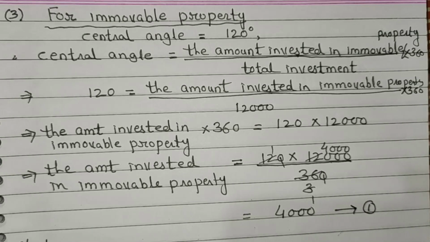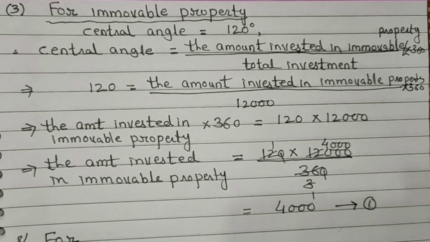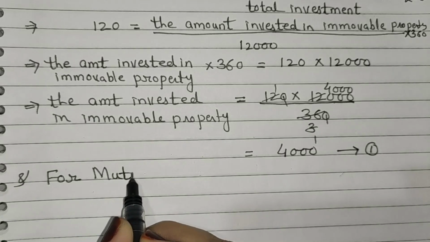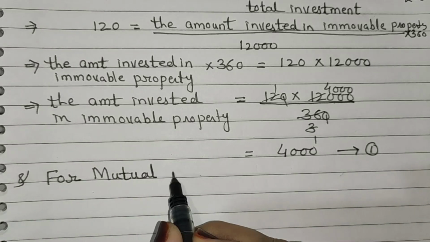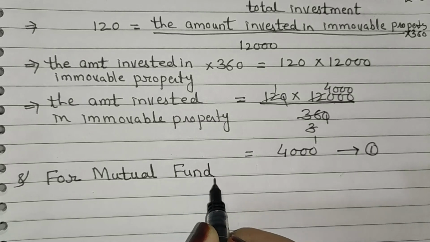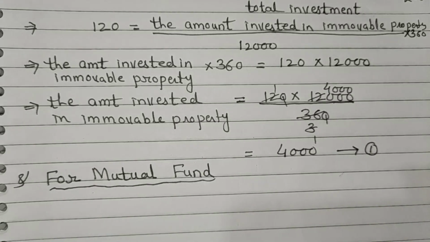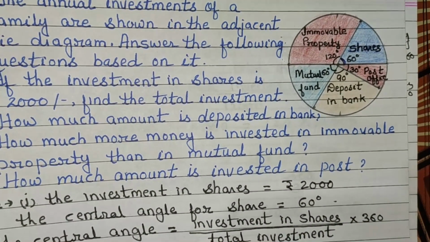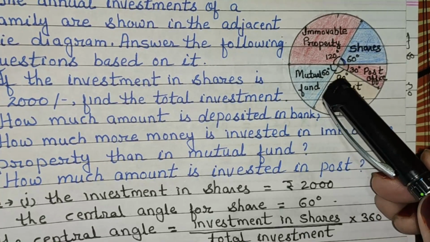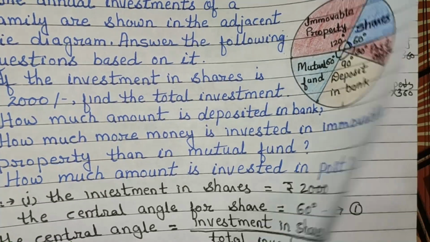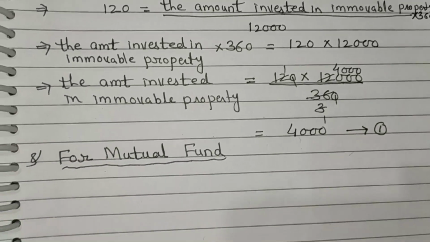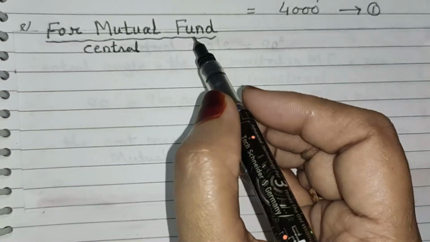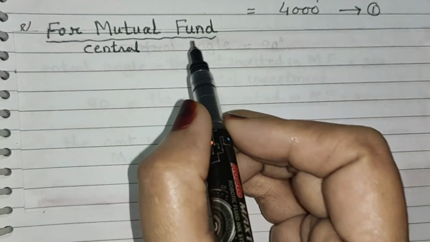And next one is for mutual fund. Mutual fund, look at here the pie diagram. The central angle is given here as 60 degrees.